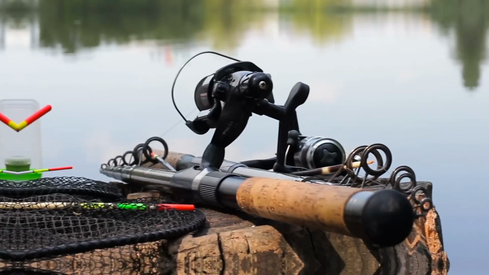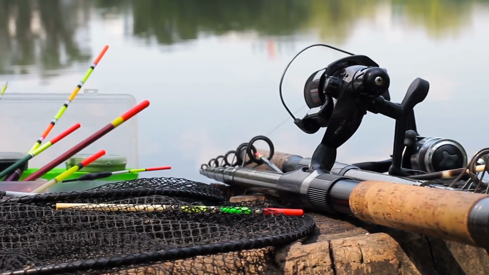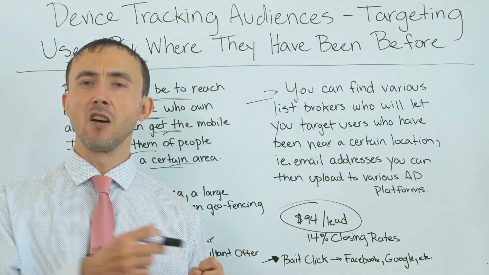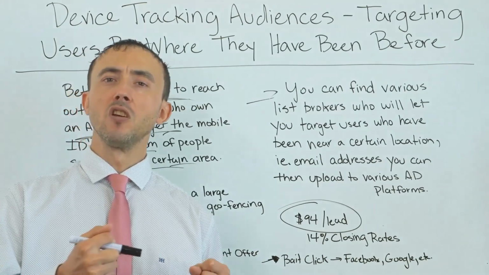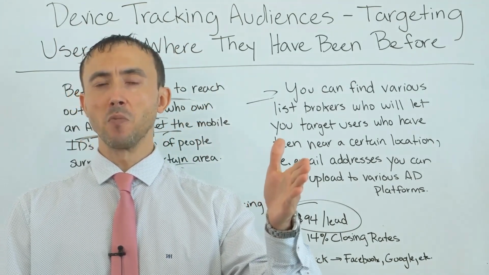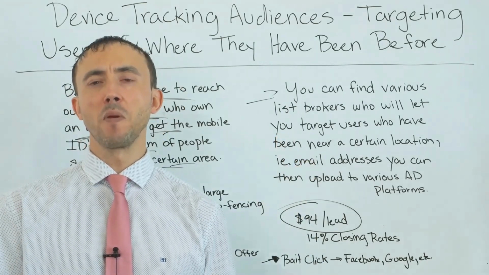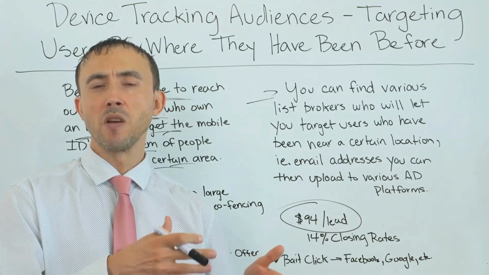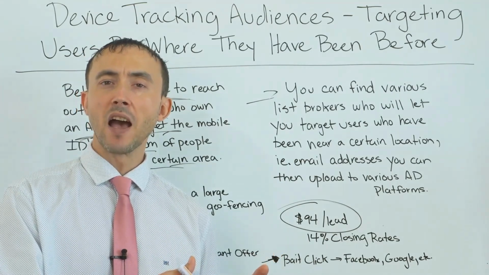Or let's say you sell fishing gear. You could actually go to a fishing app website and get all their mobile IDs or email addresses, which, through mobile IDs alone, you can upload to Facebook and run a Facebook campaign against. You could target all those people who want fishing gear by making a direct deal with them, which is not necessarily what I'm talking about in this video, but a lot of times that can be profitable.